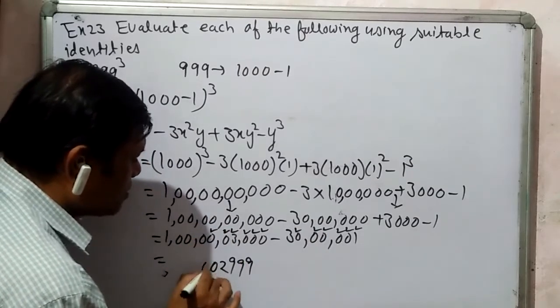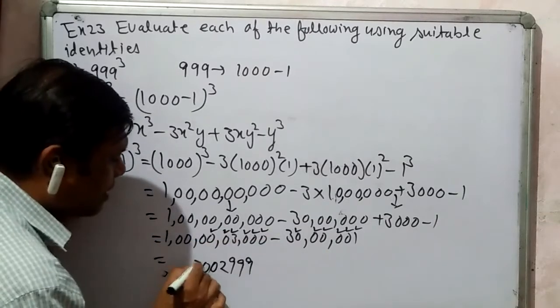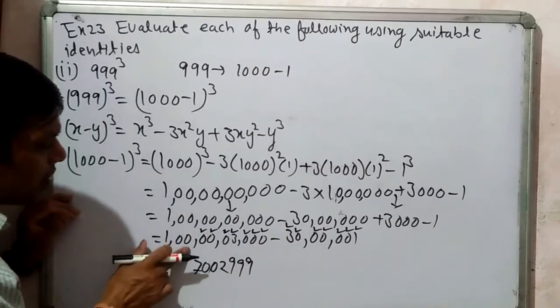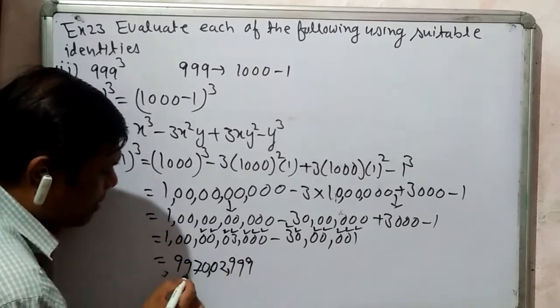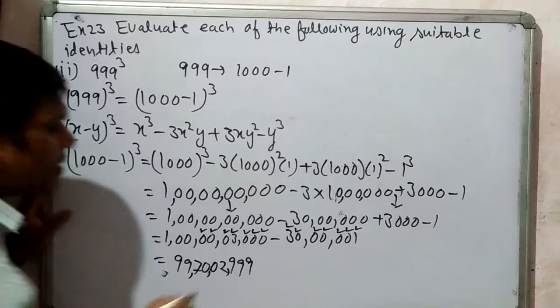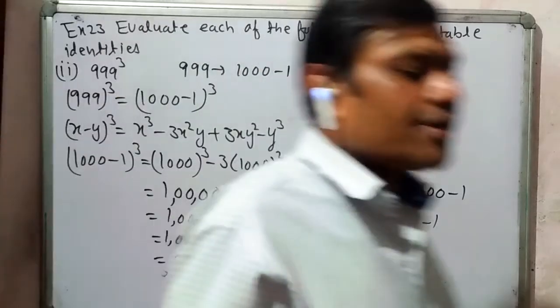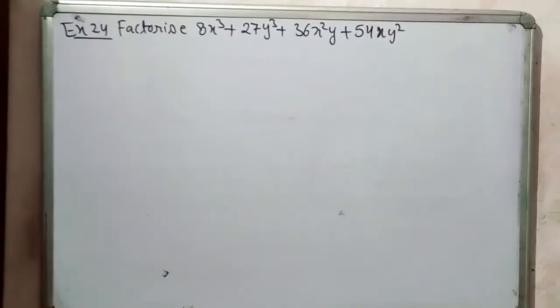So put zeros. Then 10 minus 3 should be 7. The next place is 9, 9. Put commas properly. That gives us the answer for 999 cube. I hope it is simple. Only difficulty in calculation will be there.